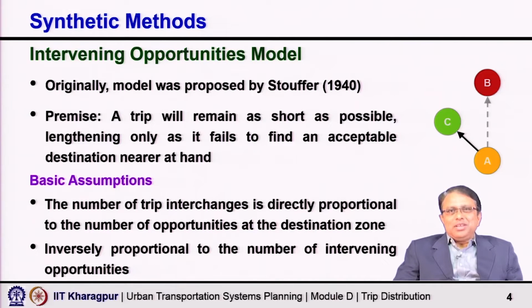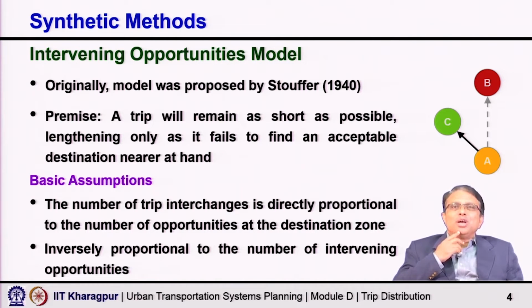It is another way of measuring indirectly, just as we tried to estimate or quantify the deterrence in the case of the gravity model. Here, in the same manner, we are looking at the opportunities in between, the intervening opportunities.